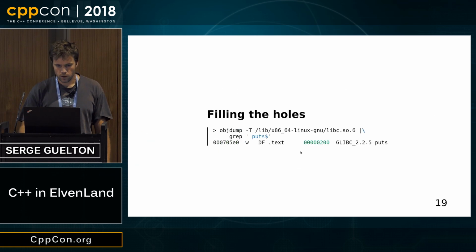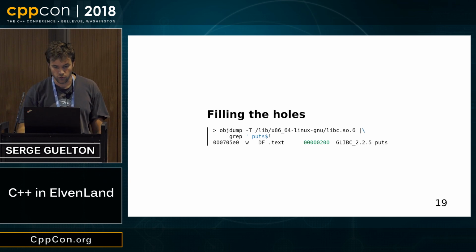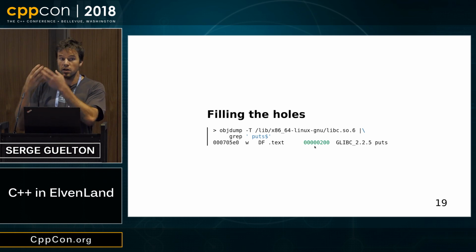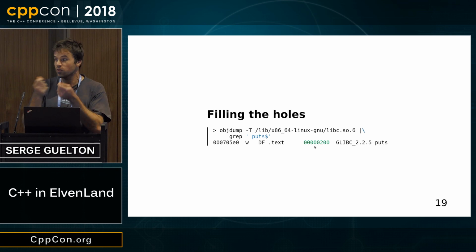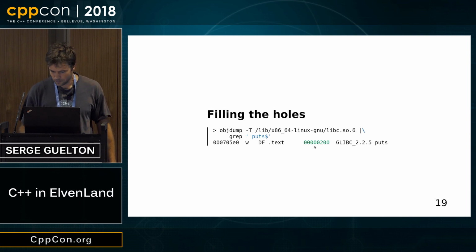Indeed, if I have a look at the dynamic symbols of the libc, the very same one I had with ldd at the beginning, and I grep for puts, then I get my symbol, and they match. So when you've got a link error, it's because there is a mismatch. ld, or the dynamic loader, is some kind of Tinder for symbols. You need to have a match between the two.